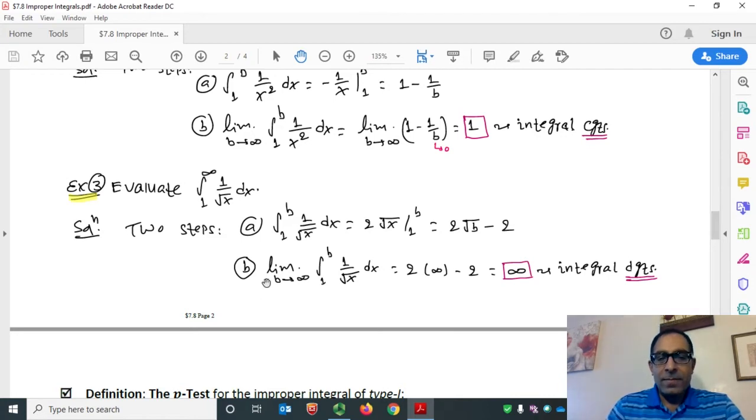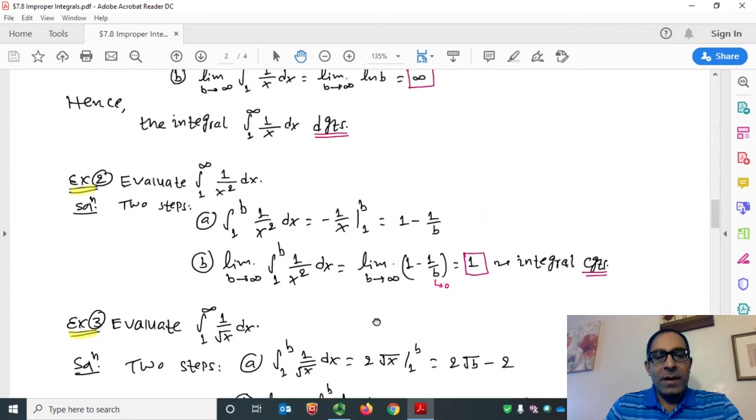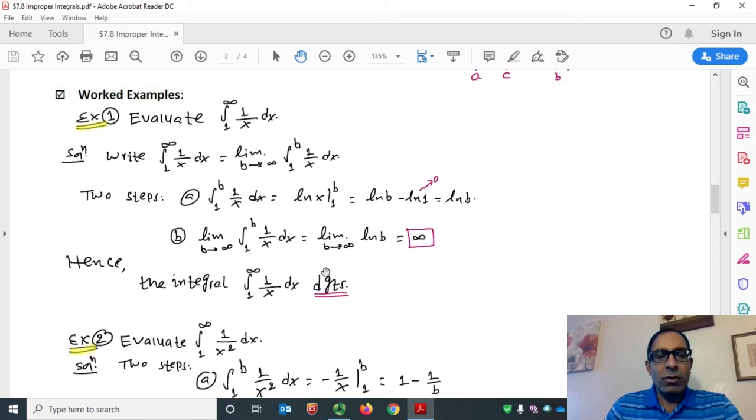And the next step, take the limit as b goes to infinity of this integral in part A. So on the right side, the limit as b goes to infinity of radical b is infinity, so everything is infinity. So the given integral is divergent. So see, it's following a pattern here. If you have 1 over x, what's the power? If you have power 1, divergent.